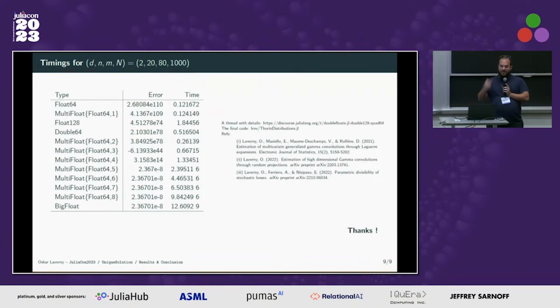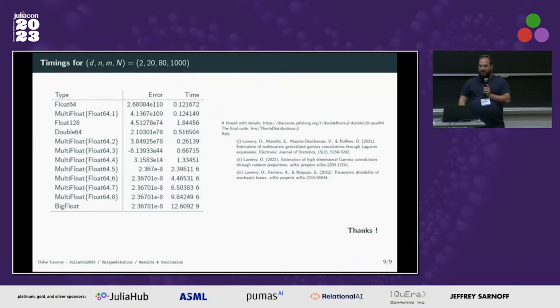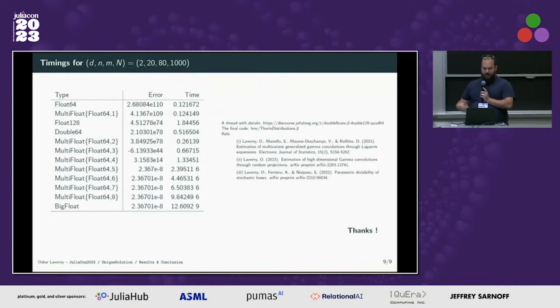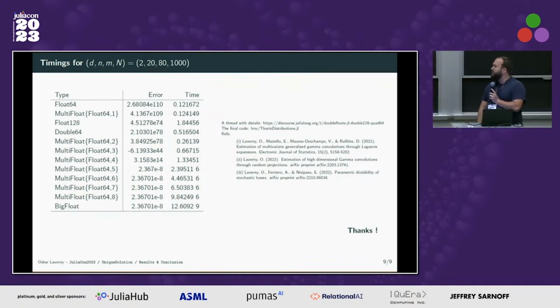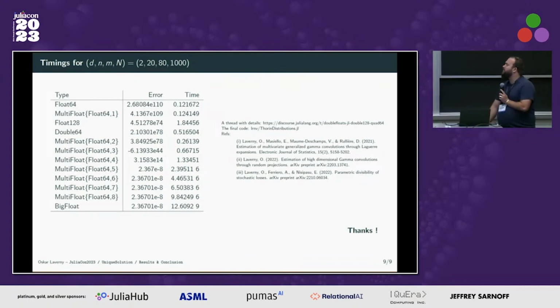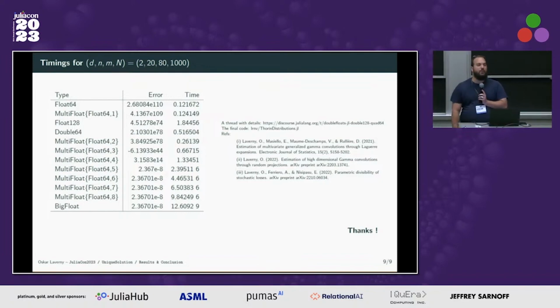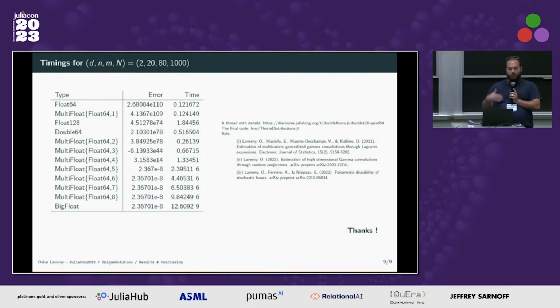To give you some numbers, on a quite standard example for what I had to do, if I compute stuff in Float64, to compute the loss, it takes 0.12 of a second, but the error is of the order 10 to the hundreds, and so that's not very good. This is the combinatorial stuff that is producing basically noise, and so we are trying to minimize noise, which is not very useful.